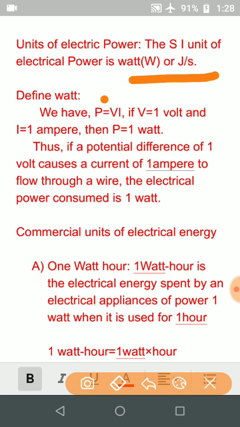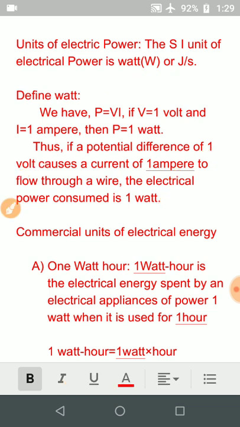Thus, if a potential difference of 1 volt causes a current of 1 ampere to flow through a wire, that is, 1 ampere of current is flowing through a wire across which there is a 1 volt potential difference, then it is said that the electrical power consumed is 1 watt.